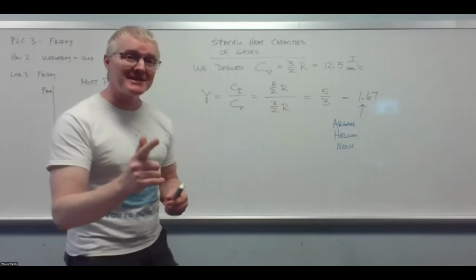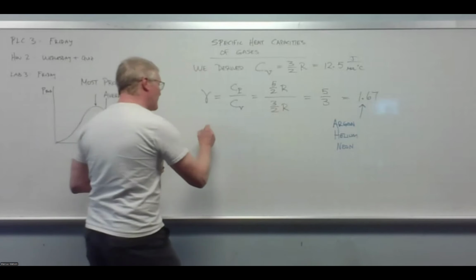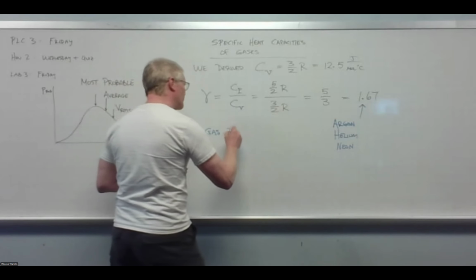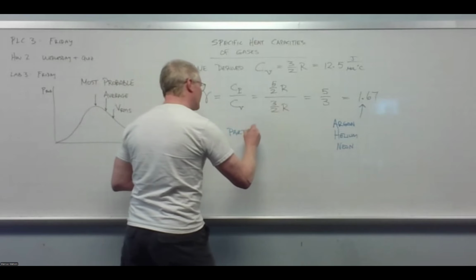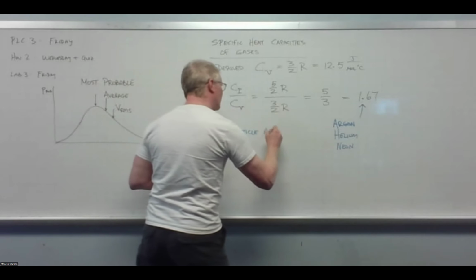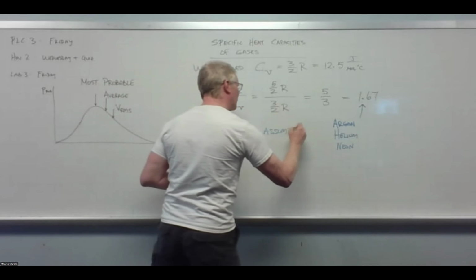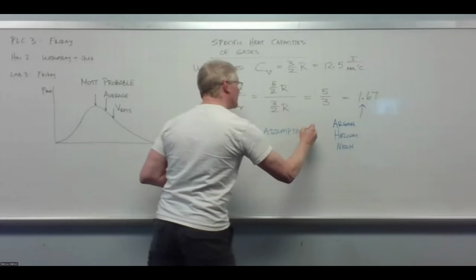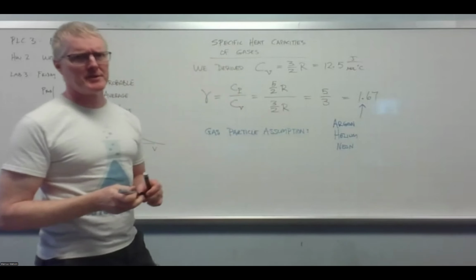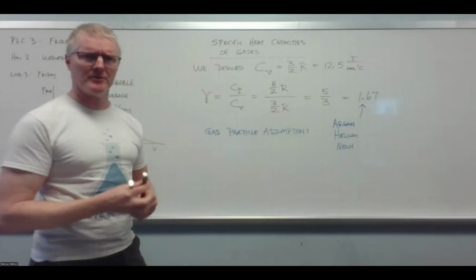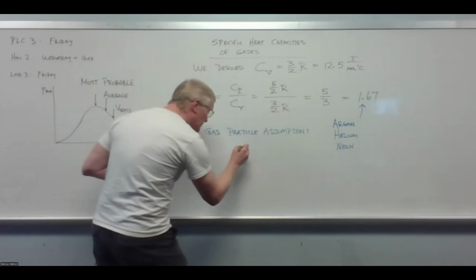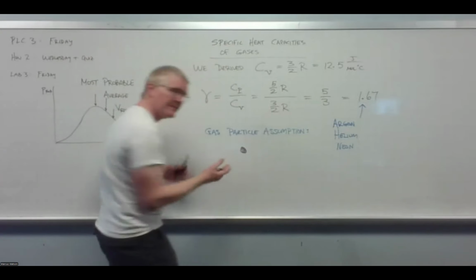The implicit assumption we made was that we had gas particles. And you're saying, of course we assumed we had gas particles. And when I drew them, they just looked like little spheres. They looked like this.